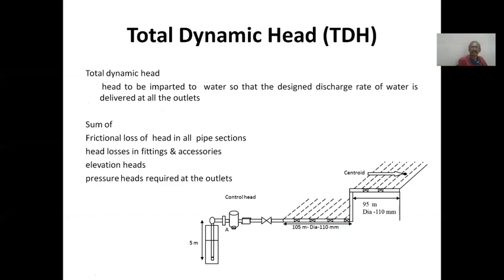Total dynamic head is the head to be imparted to the water by the pump so that the desired discharge is obtained at all the outlets when sprinkler or drip is in operation. So what are the components of total dynamic head?